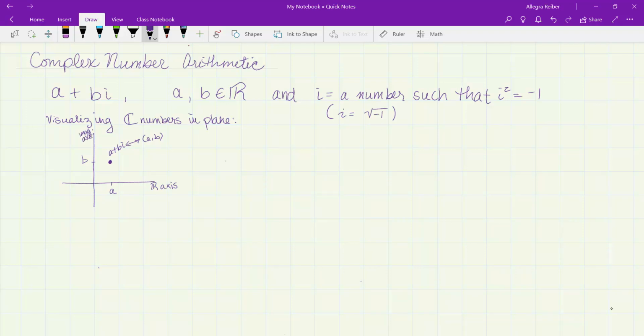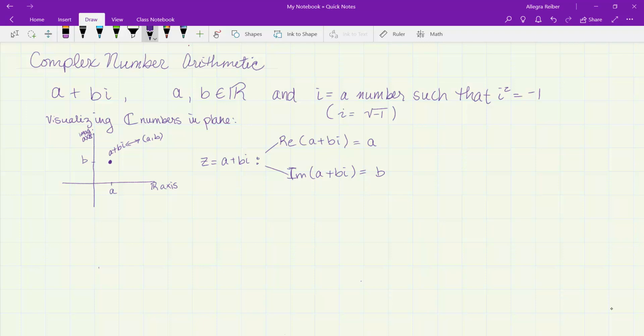And to emphasize what I mean here, I'll say that for every complex number z, we can define two quantities: the real part of that number z, which is just the number a, and the imaginary part of the number z, which refers specifically to the coefficient on the imaginary number i.